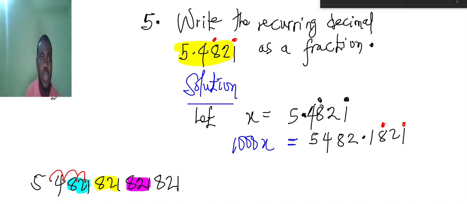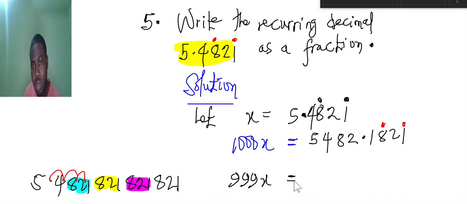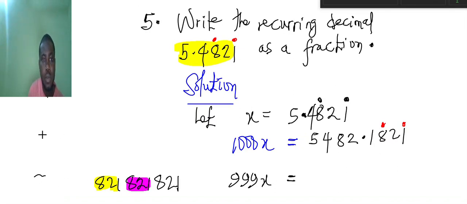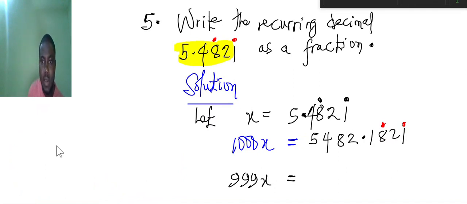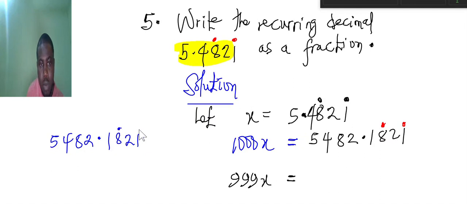So when we subtract, what do we have? 1000x minus x, that's 999x, equal to, I like to do this manually, 5482.1821 minus 5.4821.